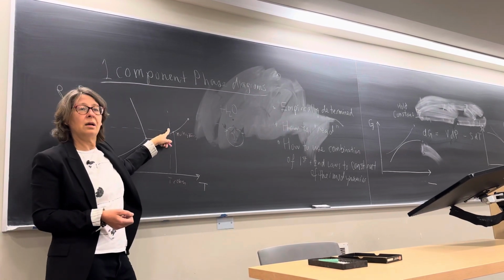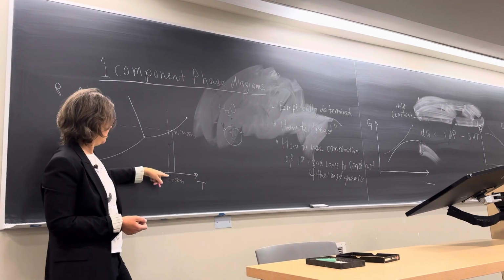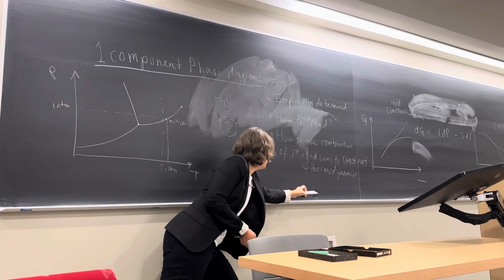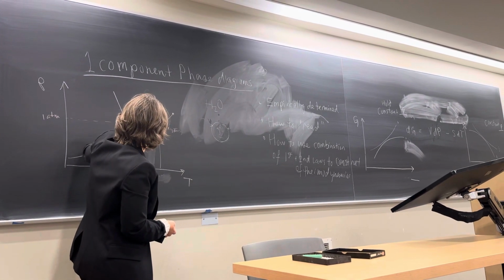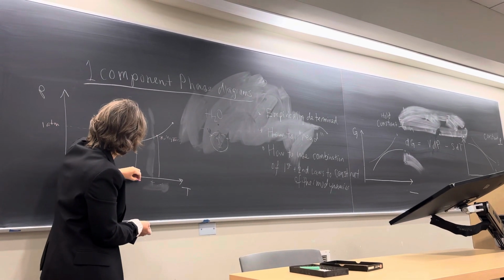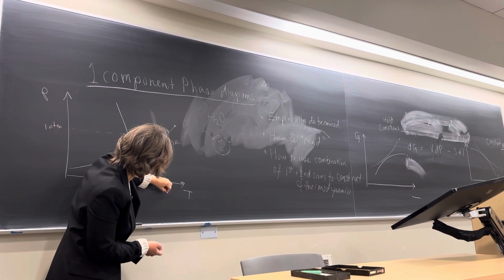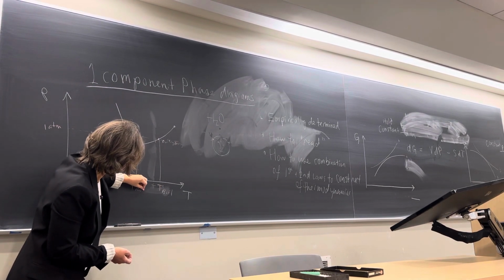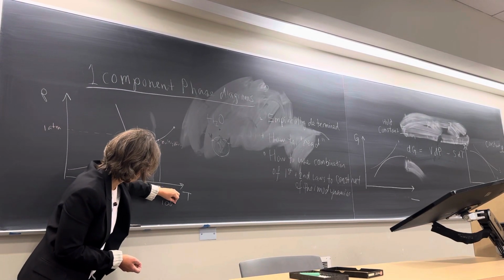So here, at this pressure, and let's do room temperature, let me make room temperature a little bit more towards here. So this is T boil. This is T room. I'm going to call boiling 100 degrees Celsius.